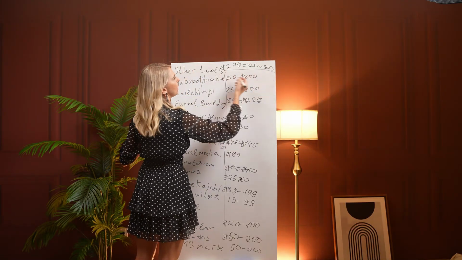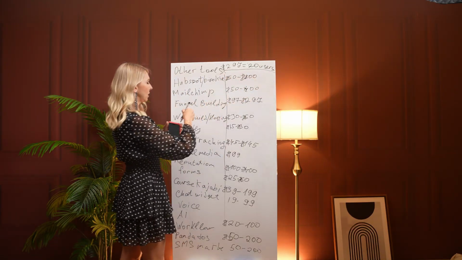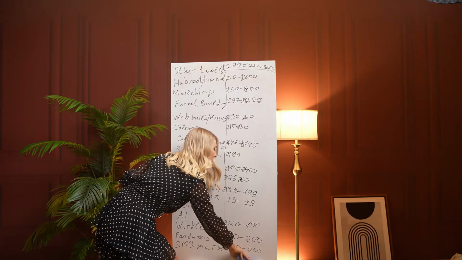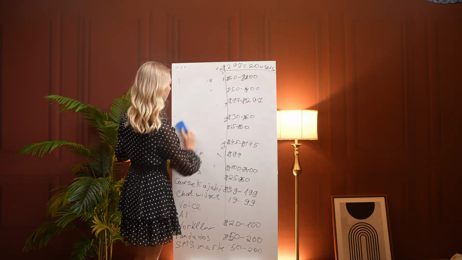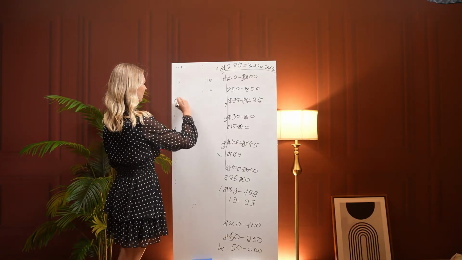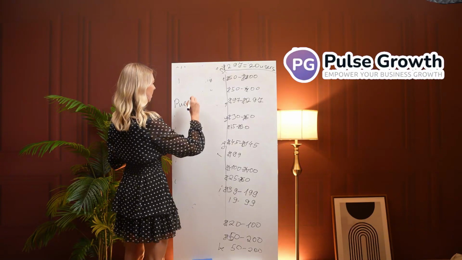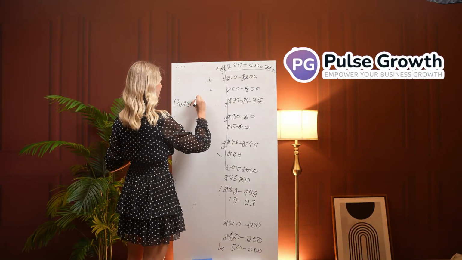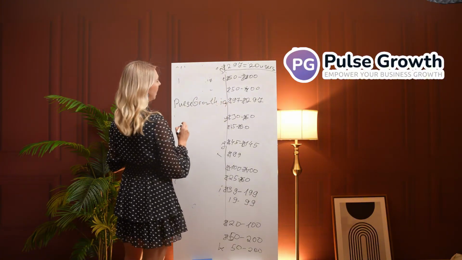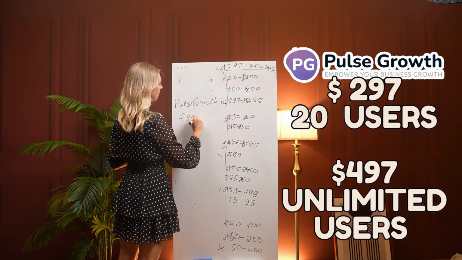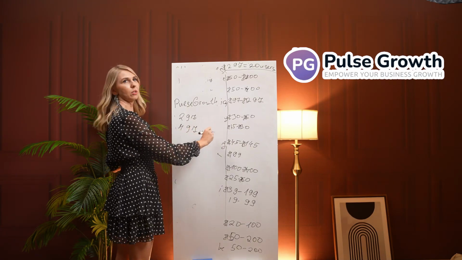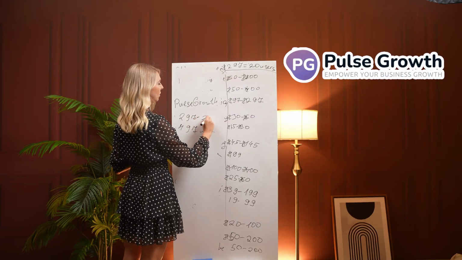If you're a larger company, we have the premium plan, which is slightly more expensive, however, you can see the difference. You can use either $297 or $497, unlimited users if you're a large company, or 20 users if you're a smaller company.